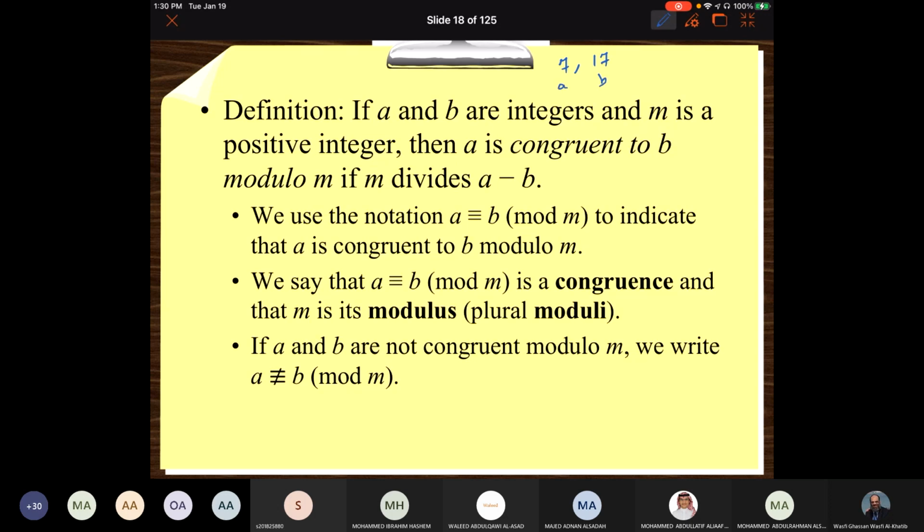This is A and this is B, and let M be equal to 5. We say that 7 is congruent to 17 mod 5 if 5 divides 17 minus 7 or 7 minus 17. Does 5 divide 7 minus 17?